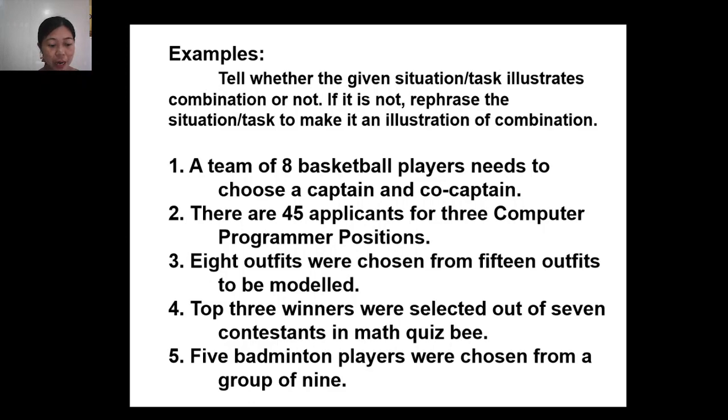Okay, number 5. So for number 5, 5 badminton players were chosen from a group of 9. Okay? So this situation number 5 is a combination. This is a combination because you are just going to select 5 badminton players from a group of 9.